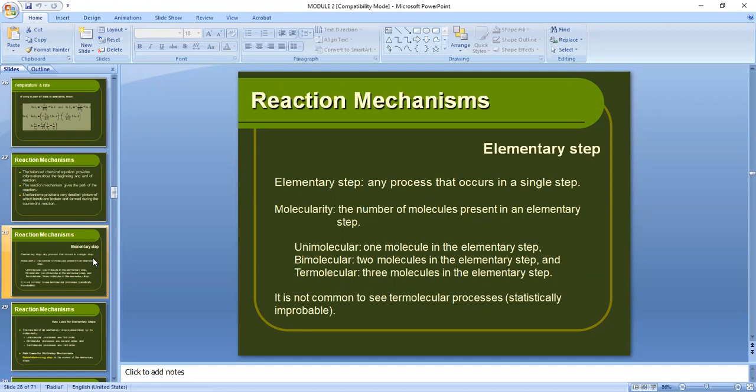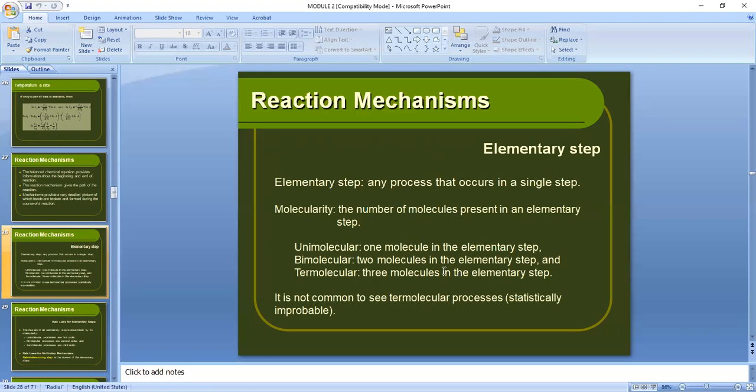So if your reaction is elementary, there is a correlation between the rate law and the stoichiometric equation. And you have only one single step for that particular reaction in the formation of the product. That is what we call an elementary step, a single step that is enough already to describe what happens to the reactant species in the formation of the product.